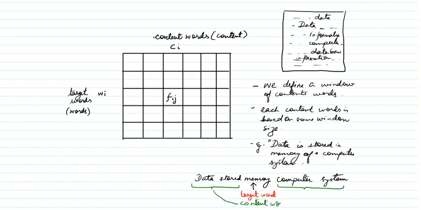Wherever memory is present inside the corpus, the left two words and the right two words, with window size plus minus 2, will be treated as the context words.